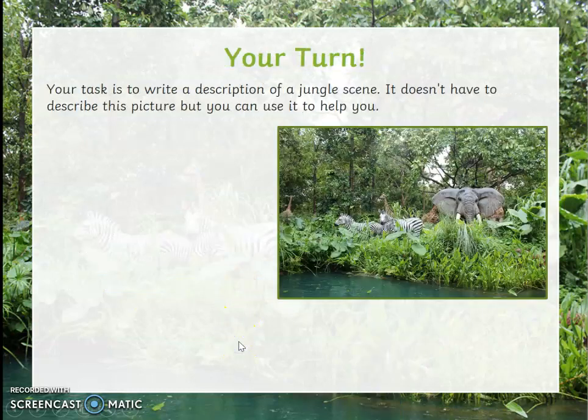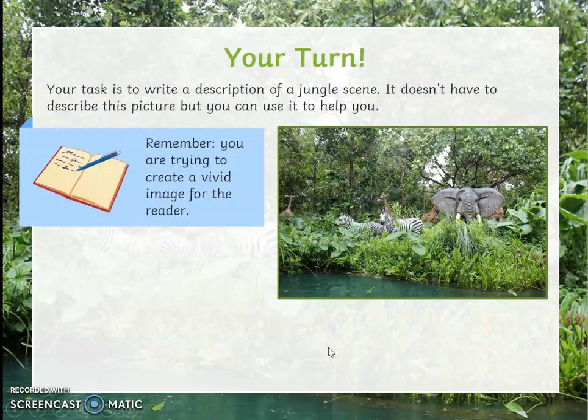So, your turn. Now your task is to write a description of a jungle scene. It doesn't have to describe this picture, but you can use it to help you. Let's say you write a paragraph of 4 to 5 lines, maximum five lines. Try to use nouns, adjectives, verbs, adverbs, figurative devices, and that will help you. Try to create a clear, vivid image for the reader.